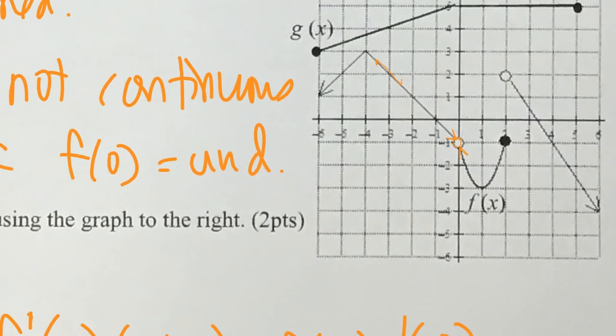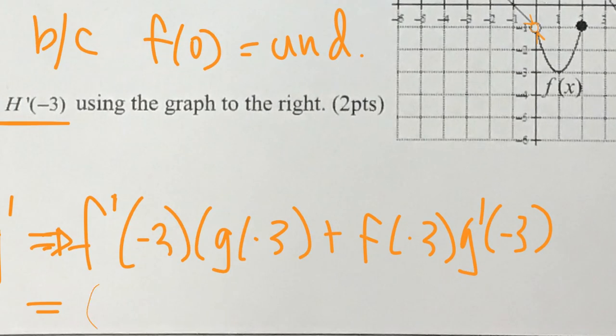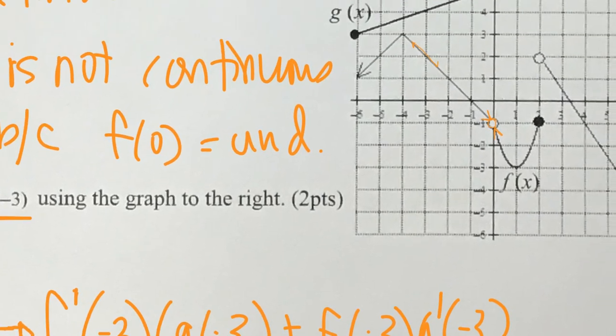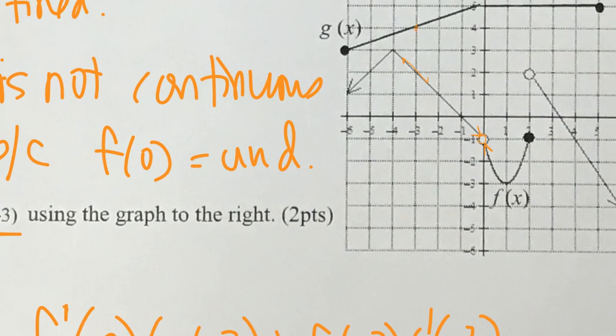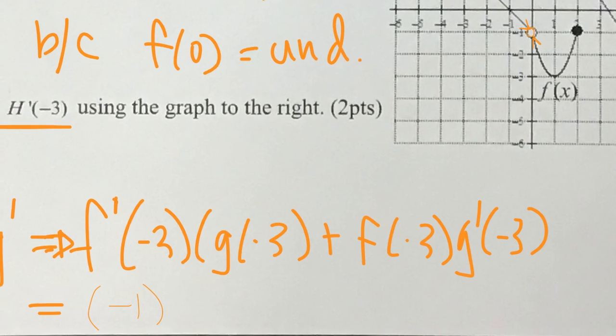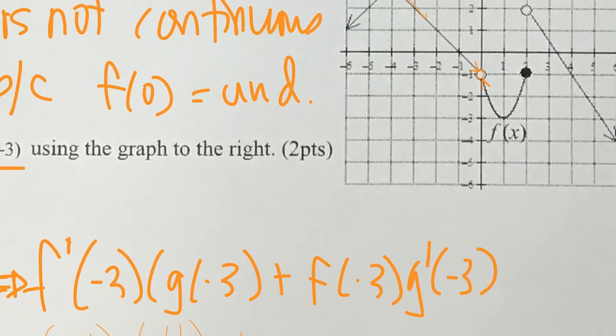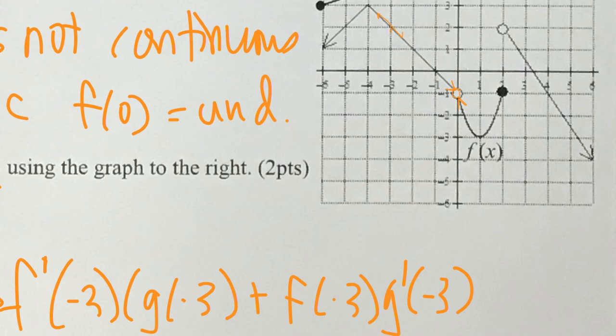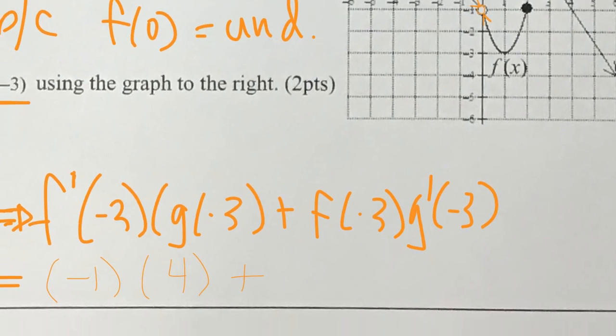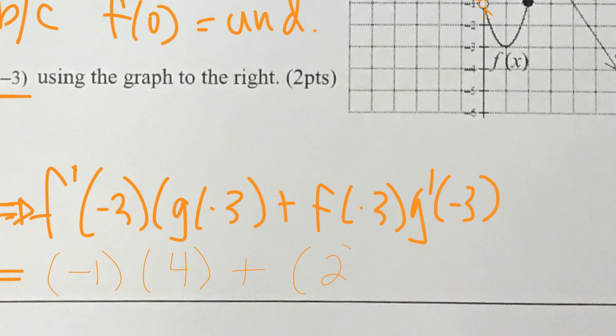It's going down from left to right. So the slope at negative 3 is negative 1. G of negative 3, that's just the y value. So what is the y value on the g graph? 4. That's 4. Plus f of negative 3, that's just the y value on the f graph. So the y value at negative 3 is positive 2.